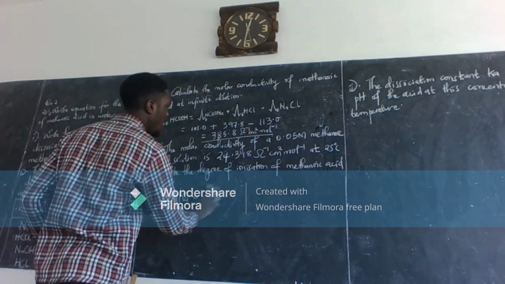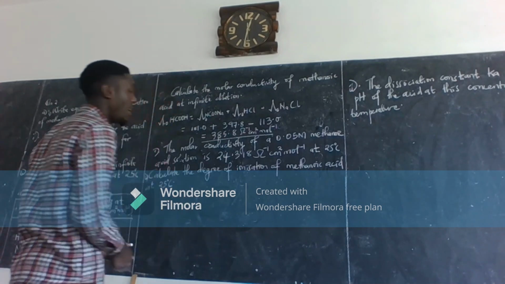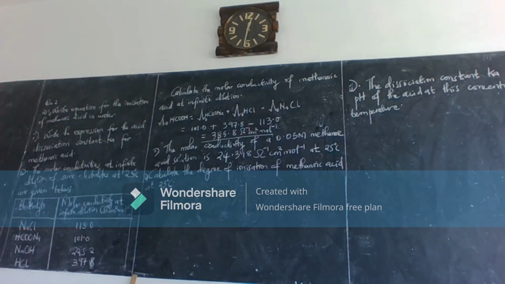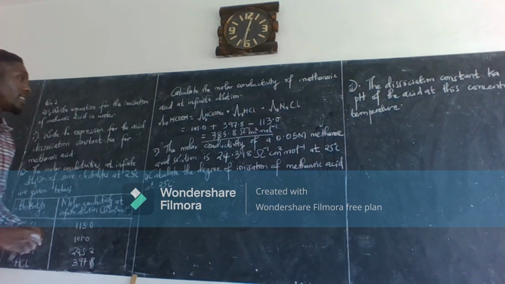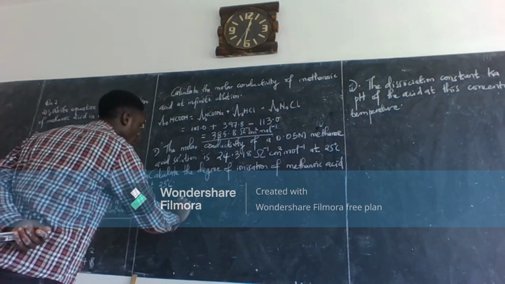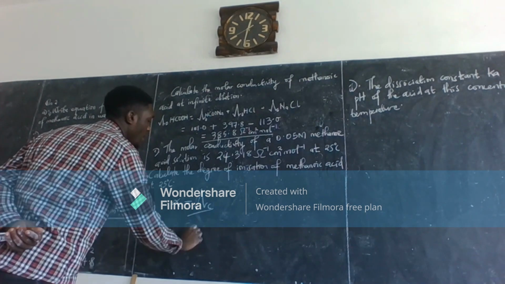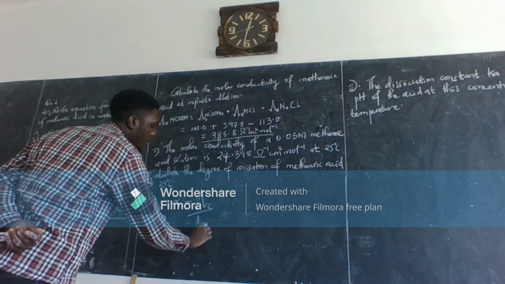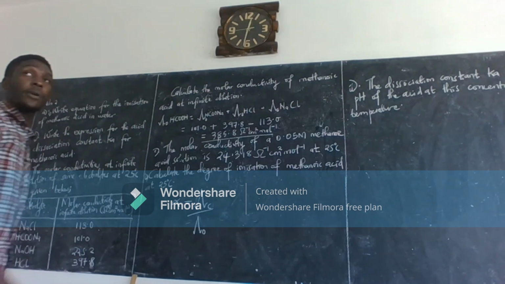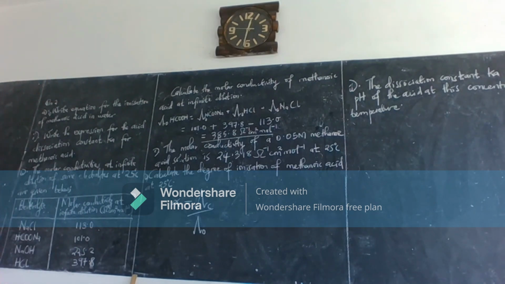They wanted that degree of dissociation alpha, isn't it? So the degree of dissociation alpha will be equal to molar conductivity at concentration C divided by molar conductivity of methanoic acid at infinite dilution.